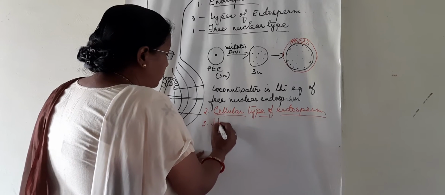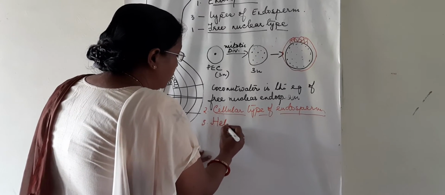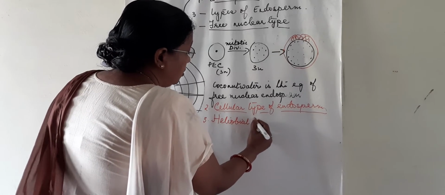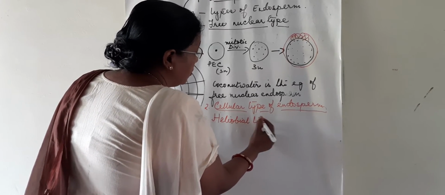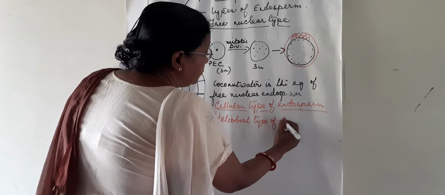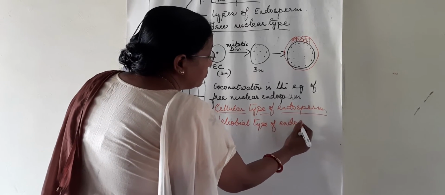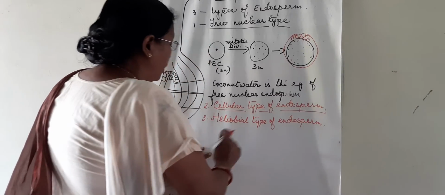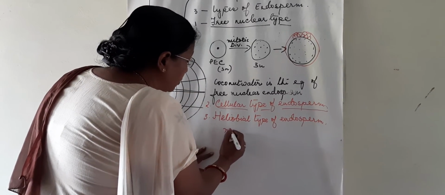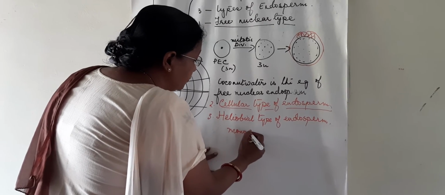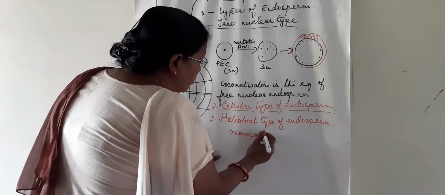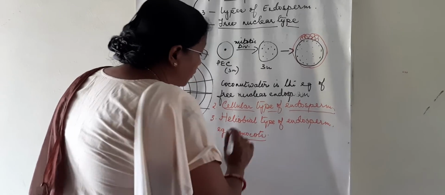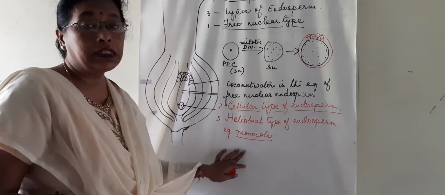So the third type of endosperm division is the helobial type of endosperm. An example is monocot seeds; it is found in many monocot seeds.